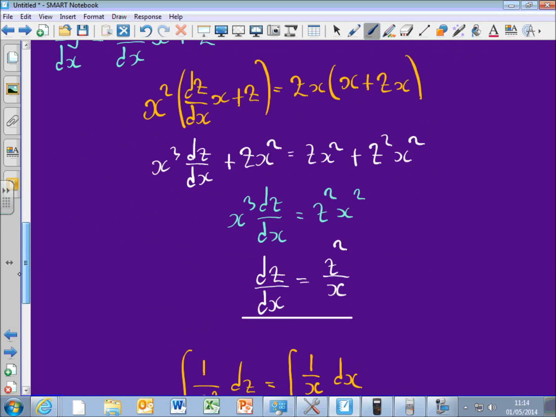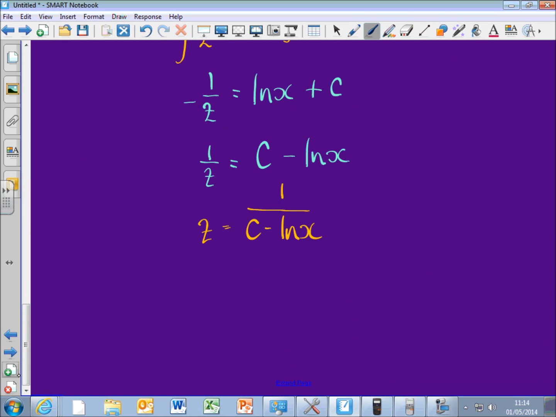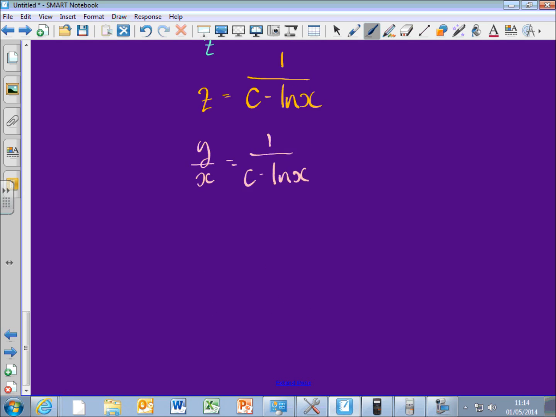Yeah. Okay. So if I wanted to write y in terms of x, z is y over x equals that, and then just multiply. Okay. Yeah, I'm not worried about that. I'm just worried about this little techniquey bit.